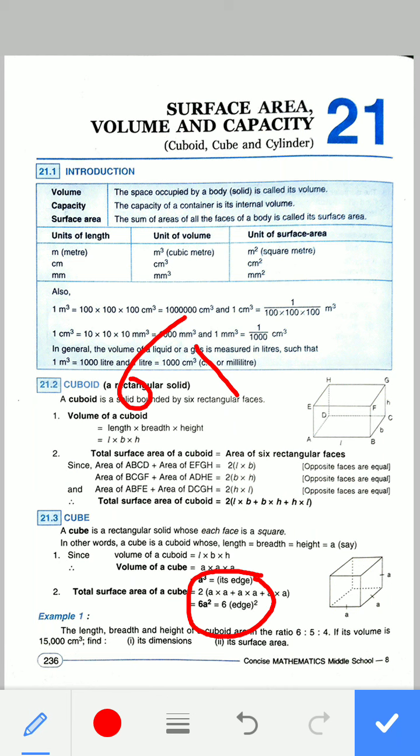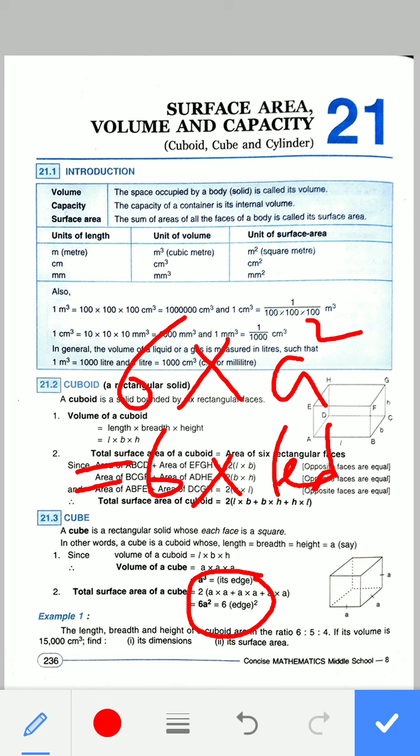If you multiply 6 with a squared, you will get the total surface area of a cube.